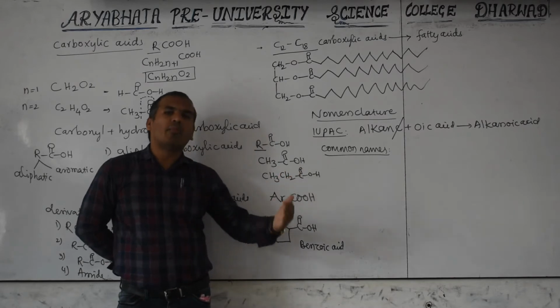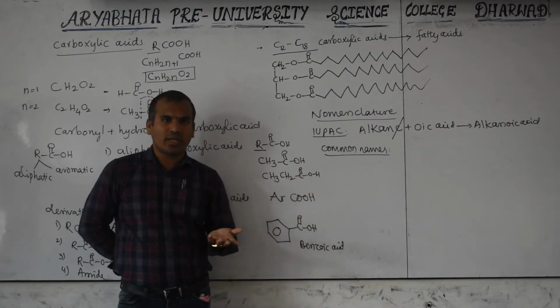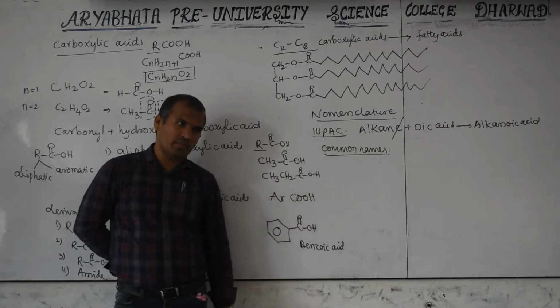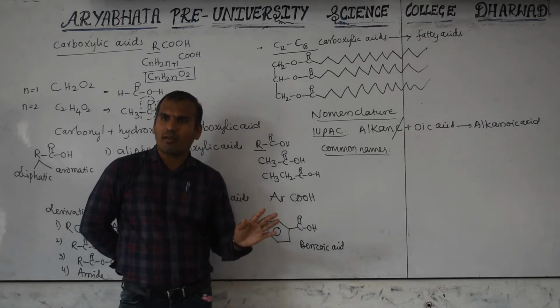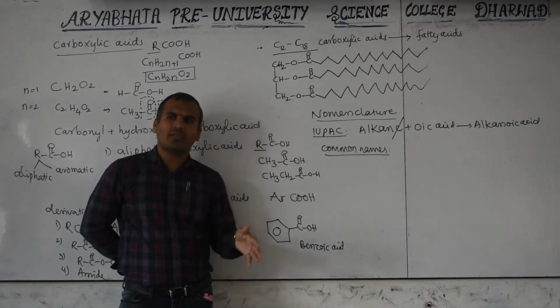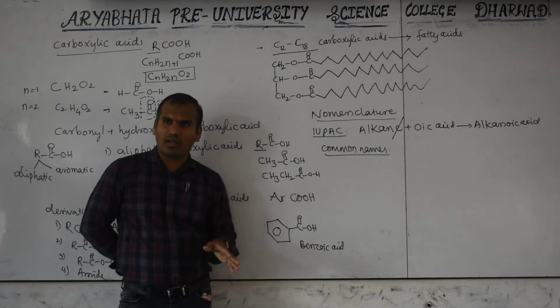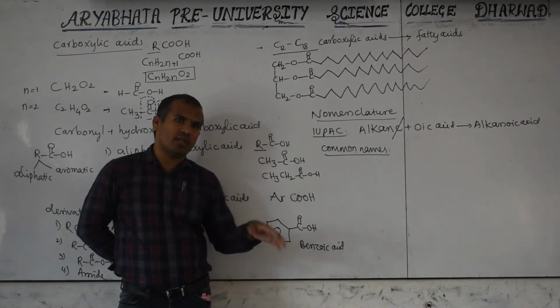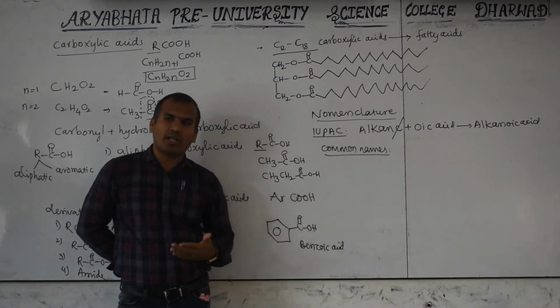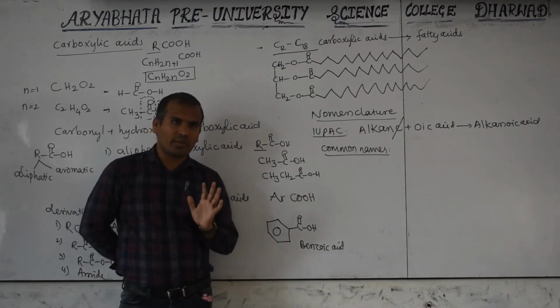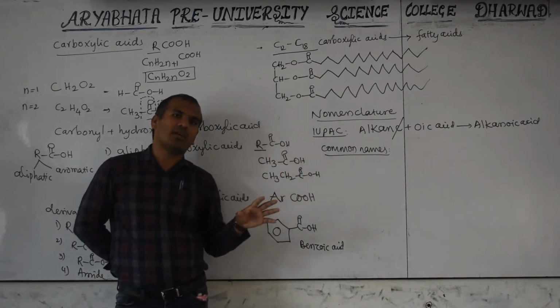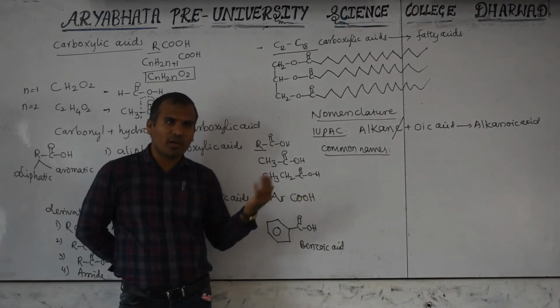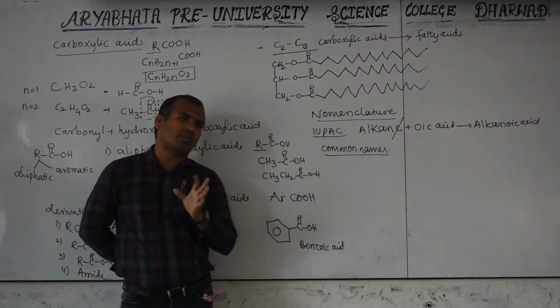That's why common names are frequently used compared with the IUPAC. IUPAC name is okay, but if you observe any textbook or other material, in most of it, common names are used for writing any statements or any reaction. For this chapter, we have to learn common names compared with the IUPAC name, so we have to focus on that.